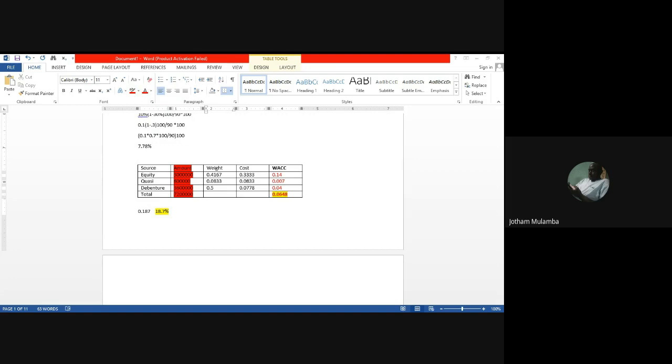Any other question, as I get you another paper we try? For the weighted average cost of capital, we multiply weight and cost.